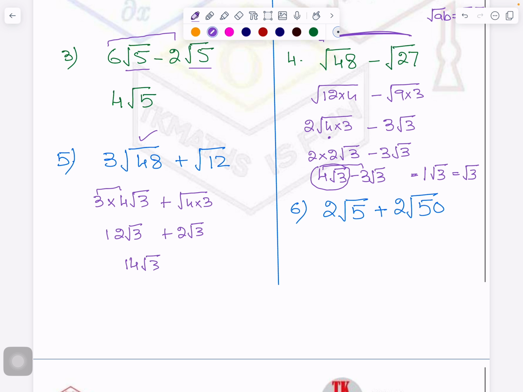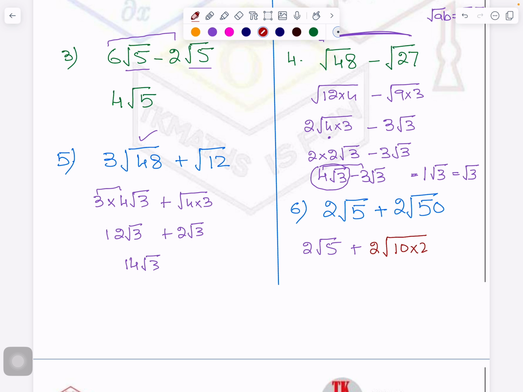Now in this case, root 5 and root 50 are not the same. They are different. So I need to first of all simplify. And that's why I cannot do 2 plus 2 is 4, right? In this case, I cannot do it. So let me write this as it is, and let me simplify 50. 50 is 10 times 2, but this will not help me.